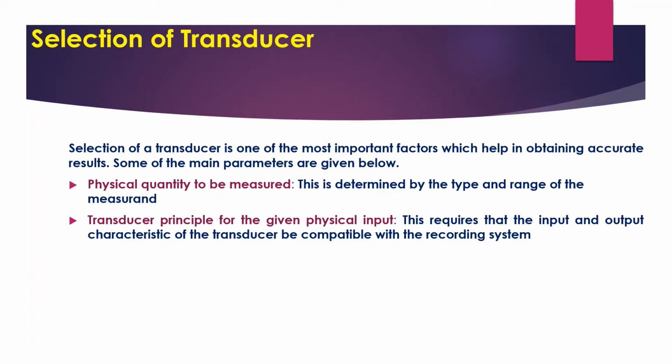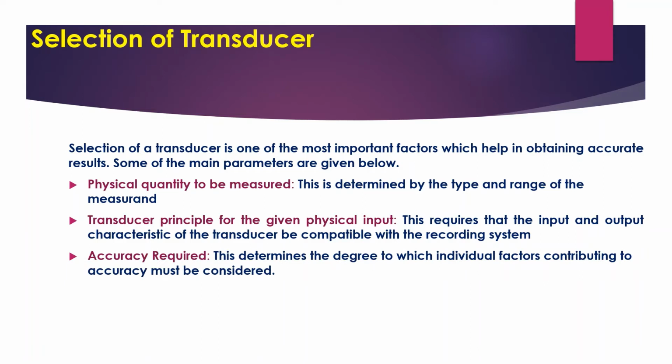That means the signal will be converted into electrical quantity. The electrical quantity has to be processed and then given to the output. So the signals which are converted into electrical quantity should be compatible with the processing device. That is what is mentioned by transducer's principle for the given physical input.